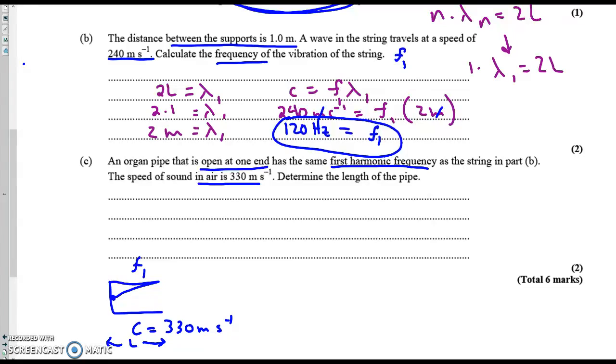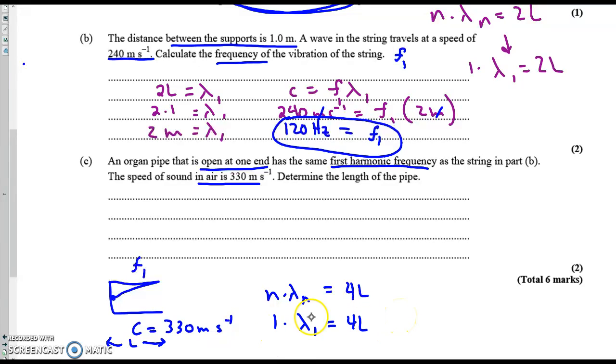Okay then. For the pipe, we know that we have a different equation. n lambda n equals 4L for a pipe that's only open at one end. We're dealing again with the first harmonic. So we have this equation.